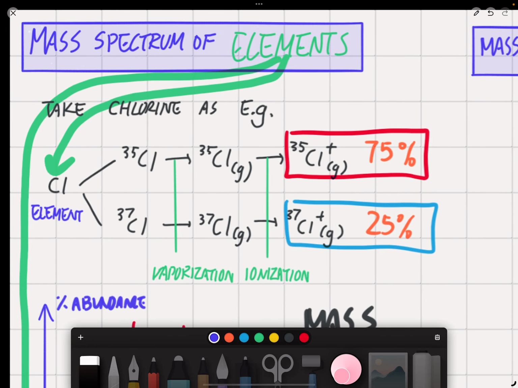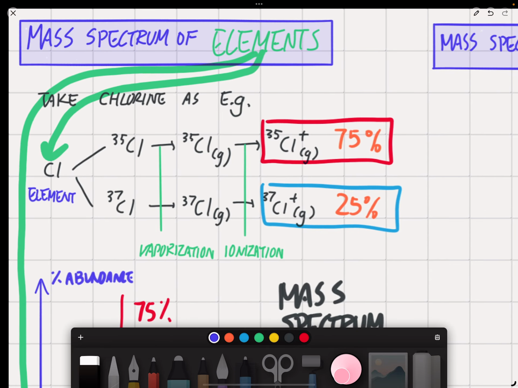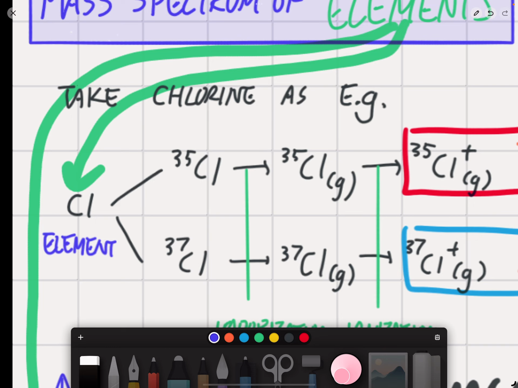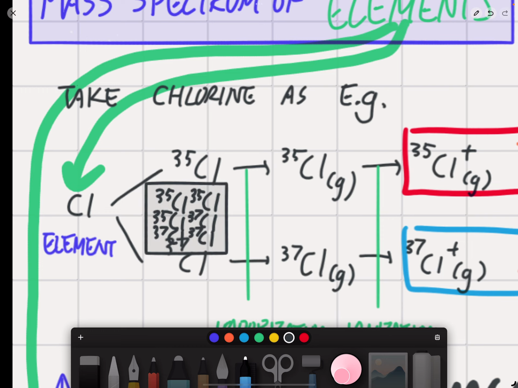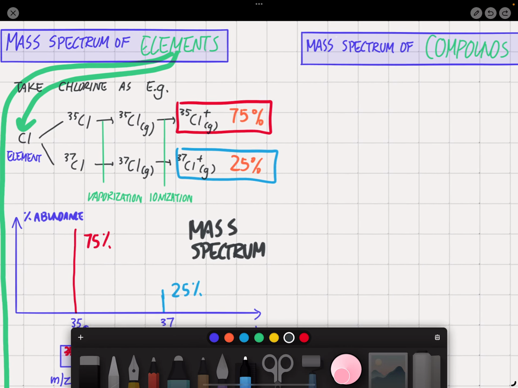Actually, elements also undergo fragmentation, but I have simplified the picture here, starting with just 35Cl atom and 37Cl atom. In fact, we should start from 35Cl-35Cl, 35Cl-37Cl, or 37Cl-37Cl, as chlorine should normally be a diatomic element. But let's not worry about that. And we will go back to the mass spectrum of compounds.